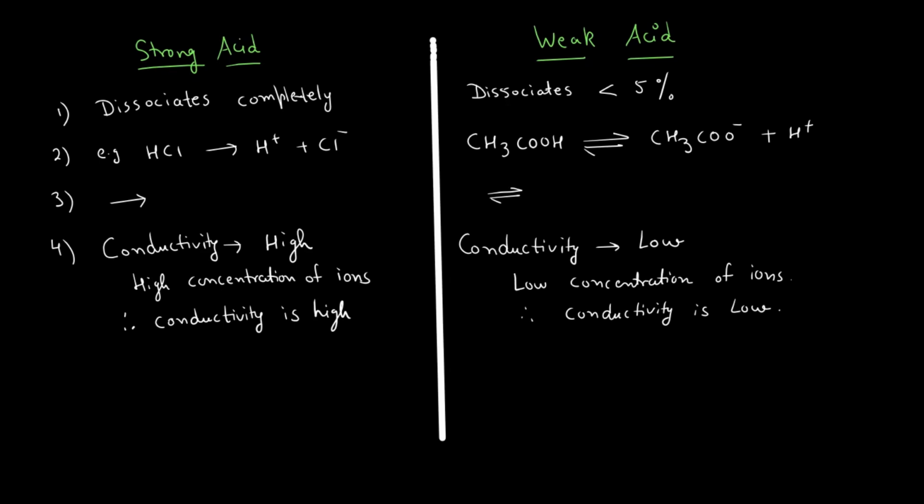So, if I use strong acid as an electrolyte, the conductivity will be high and there will be more electrical current passing through strong acid, and the bulb in the circuit will glow bright because of more conductivity.